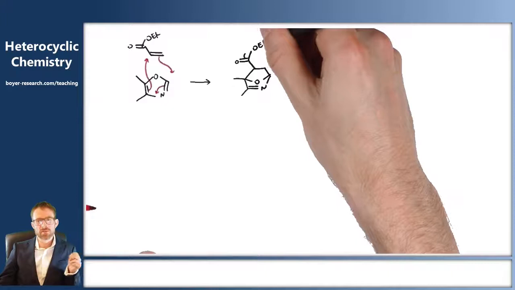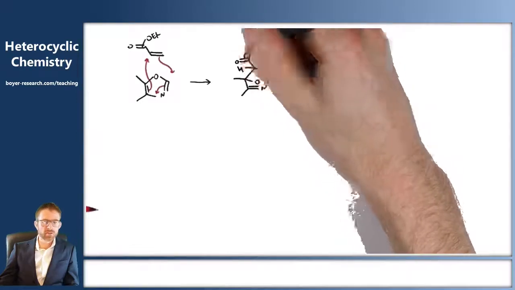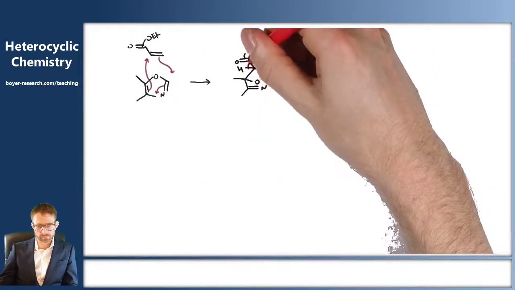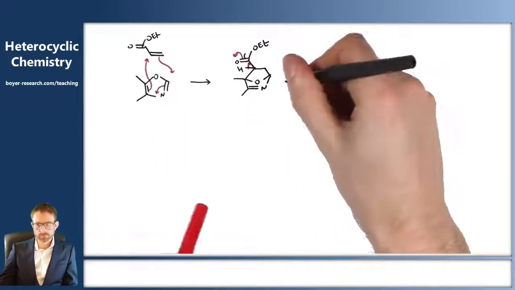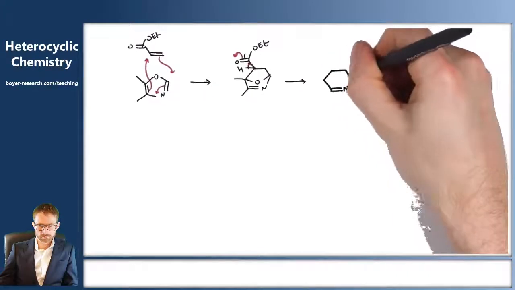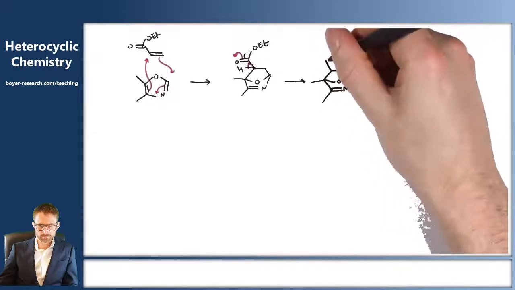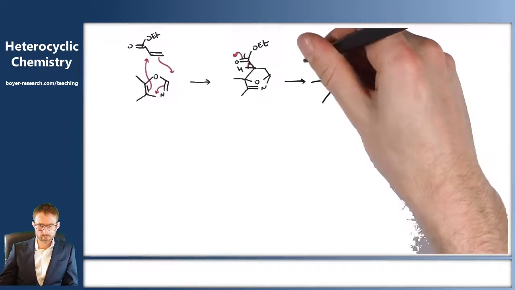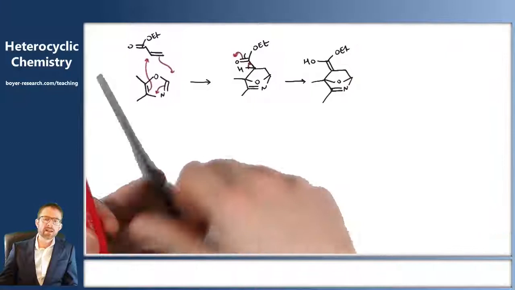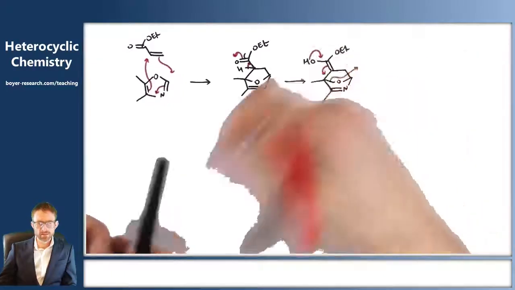But we can relieve the strain by doing an E1cB reaction, using the acidic hydrogen next to our ester. We can show the electrons flowing back up into our withdrawing group, then coming back in and relieving the strain by eliminating the oxygen.